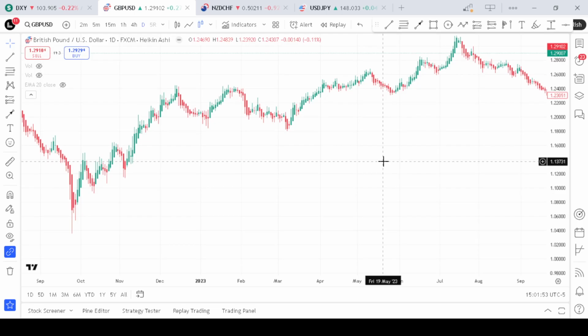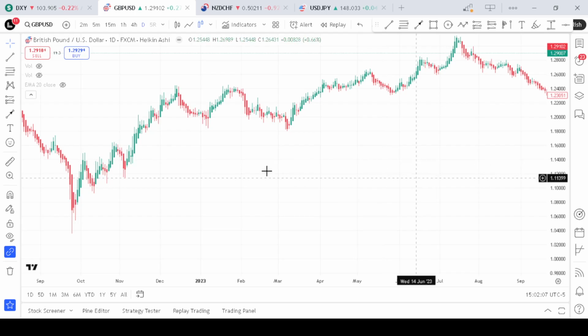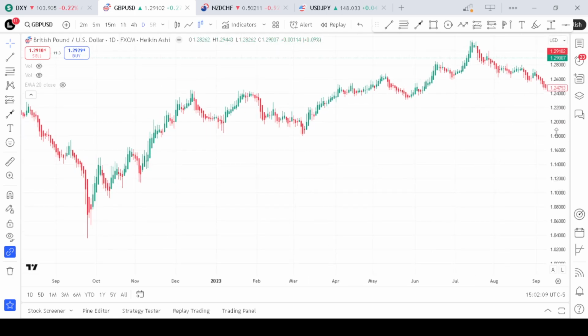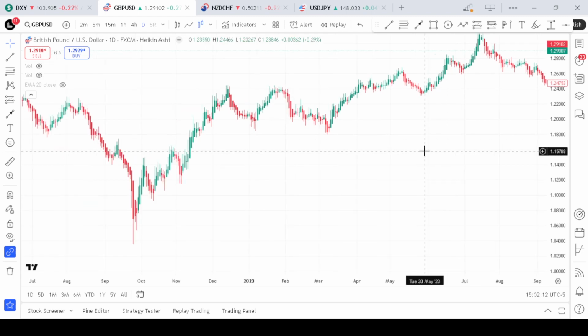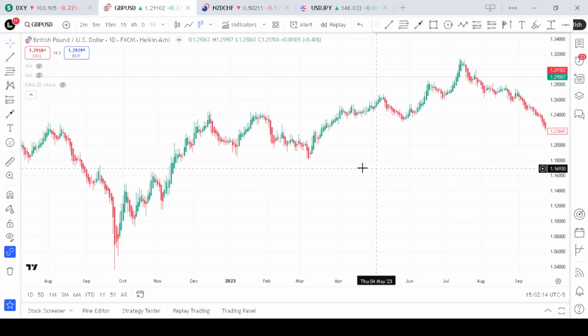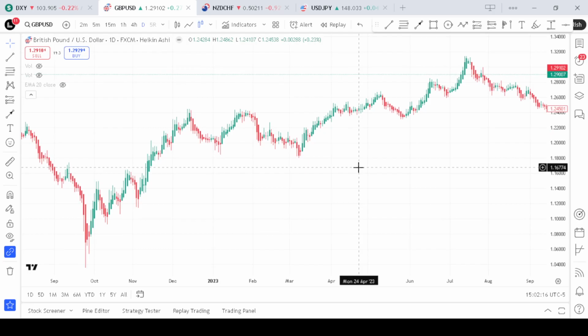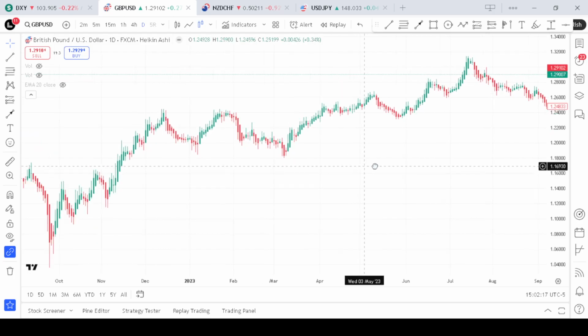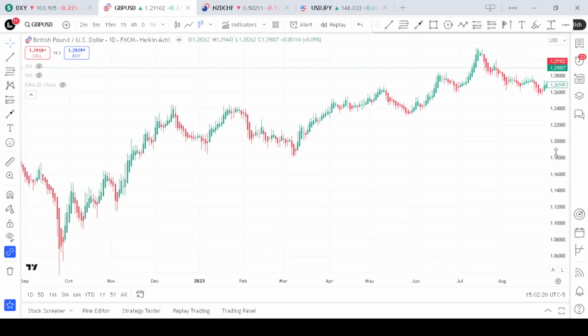The high is calculated by the highest value among the current period's high, open, and close, while the low is calculated by the lowest value among the current period's low, open, and close. This calculation creates a smooth appearance compared to a standard candlestick chart, making it easier to identify the trend.